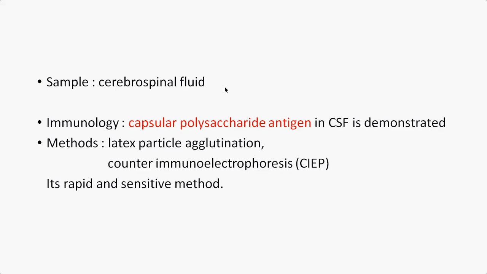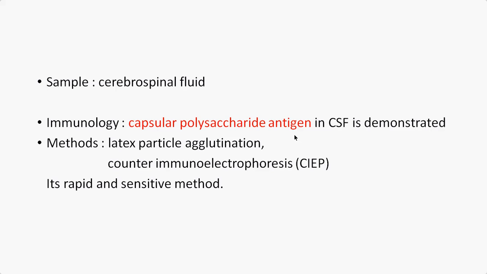Immediately we can do two things: Gram stain and microscopy, and also an immunological test, which is capsular polysaccharide antigen detection in the CSF. You should know that in this infection you can do such immunology immediately on the CSF sample.